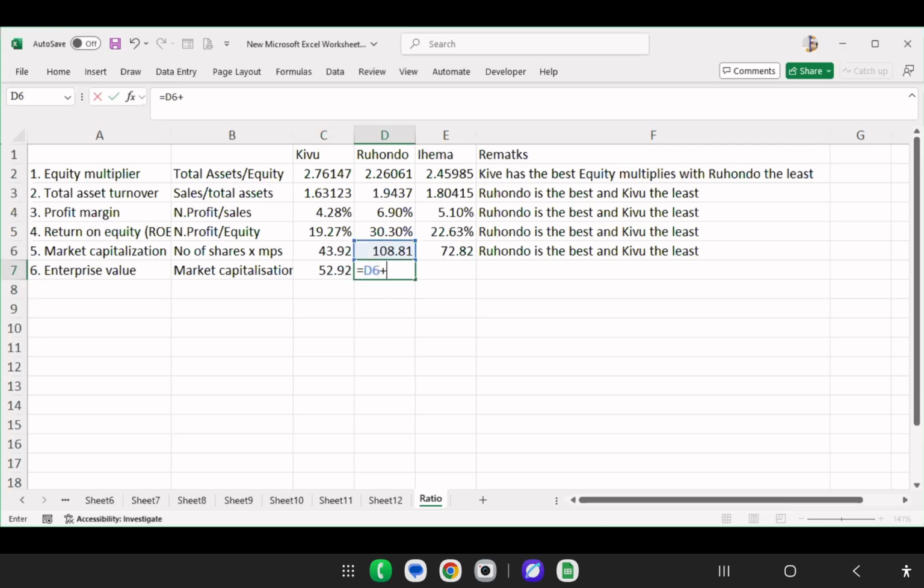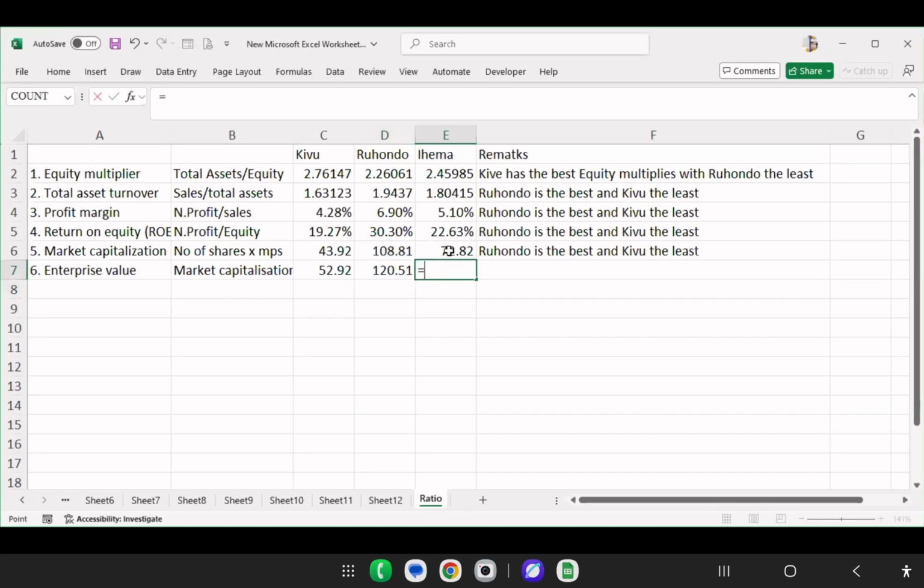Then you come to this one, equals market capitalization, you add the debt, 13.5, you minus 1.8.